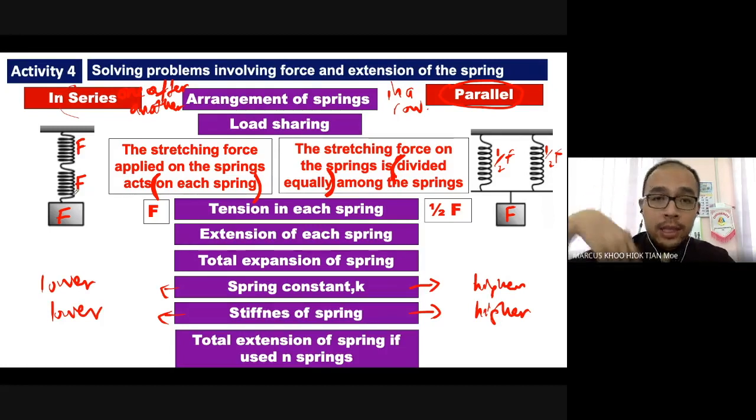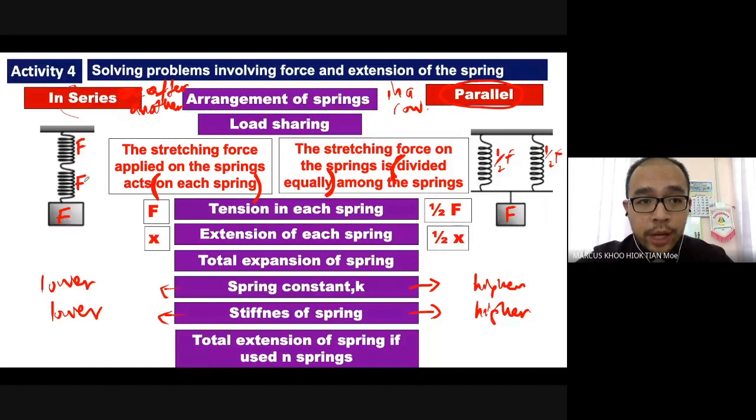Setiap satu akan mengalami the same force, seperti kalau ada satu sahajalah. So the extension of the spring will be X. Manakala in parallel, it will be half X, sebab hanya setengah saja daripada force yang dia alami. So the extension will be half of the extension for one force lah.